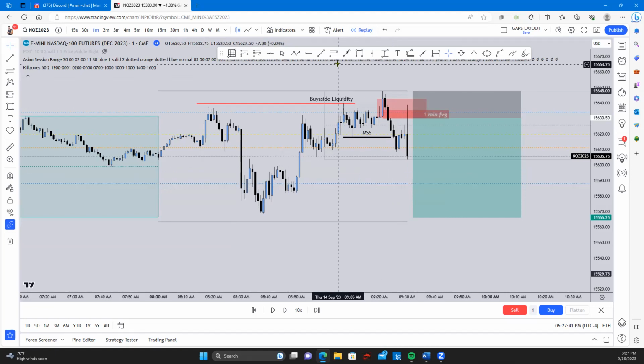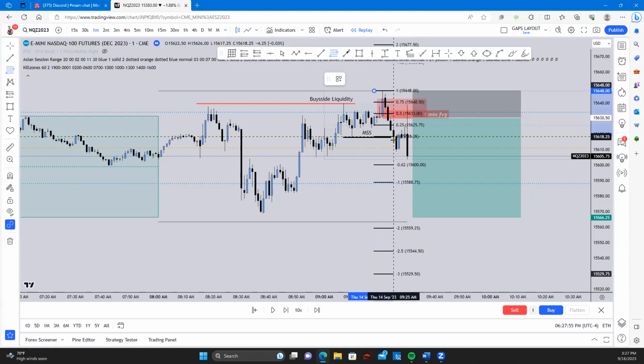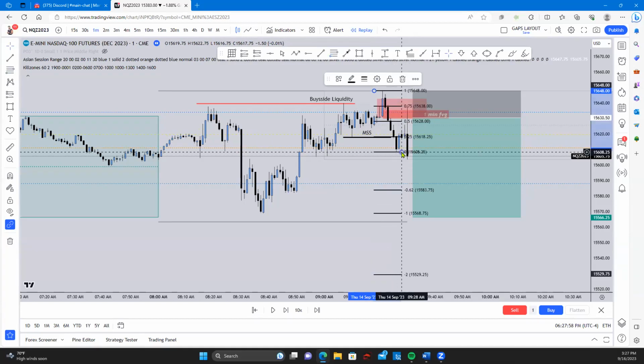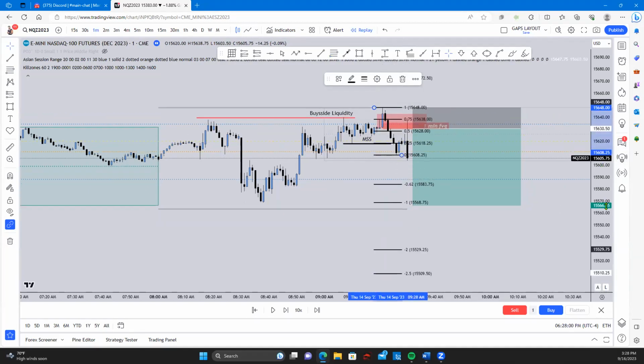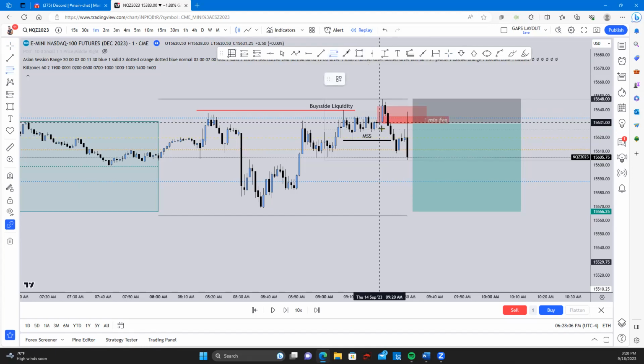Okay, so what you're going to want to do is come to your Fibonacci. I already have it set here, but you're going to take the high and the low that displaced here to the downside. You can use that, or you can also use the high down to the low here.